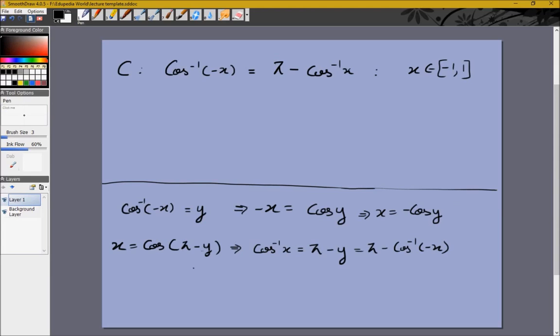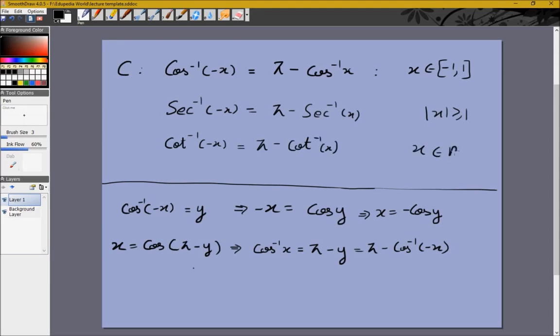And that's why this pi minus y factor comes here. I'll write the other two, which you can derive by yourself. Sec inverse of minus x is equal to pi minus sec inverse of x, and in this case mod x has to be greater than or equal to 1, and cot inverse of minus x is equal to pi minus cot inverse of x, and in this case x can be any real number.